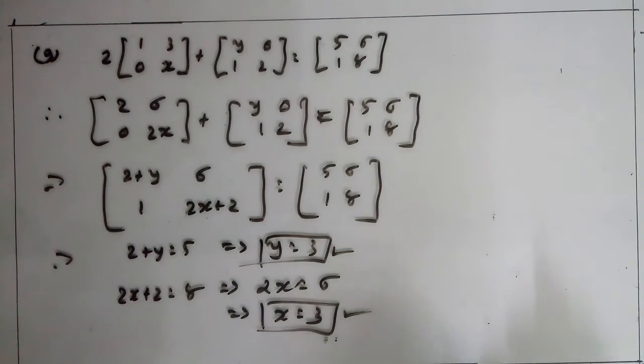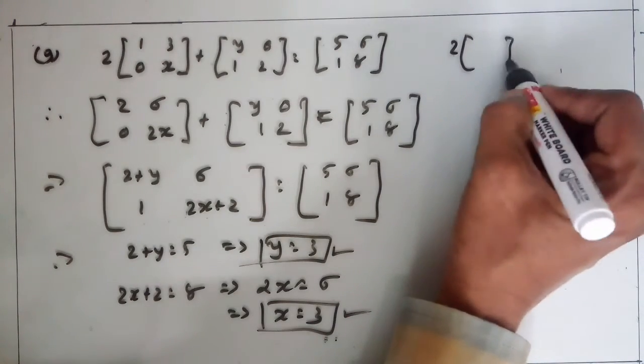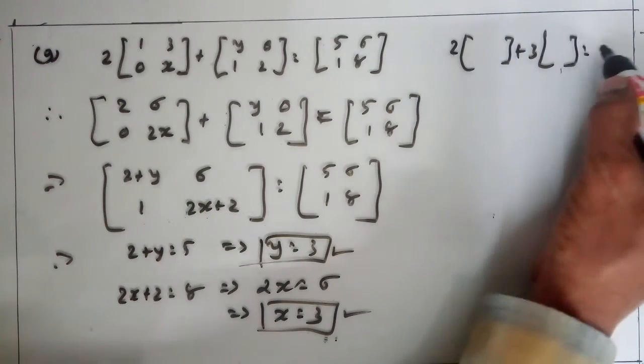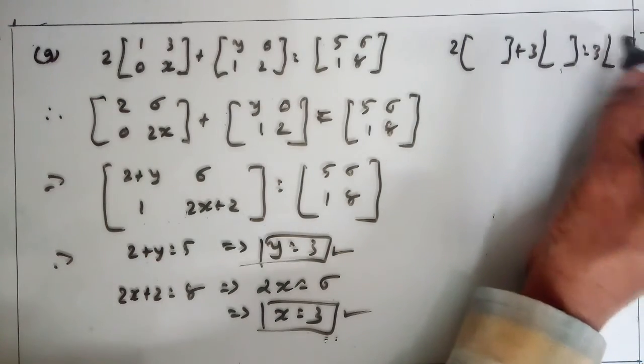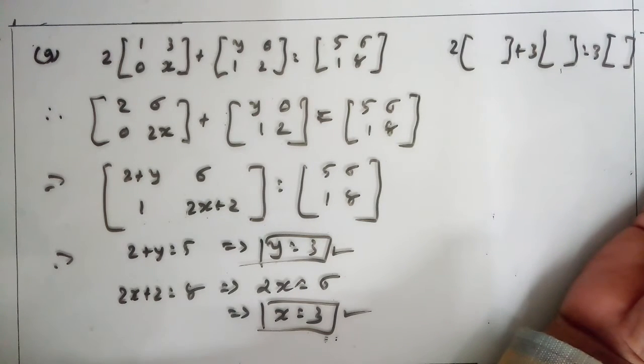Same question given in Q10. 2 into the given matrix plus 3 into the given matrix is equal to 3 into the given matrix. Then find x, y, z and t.